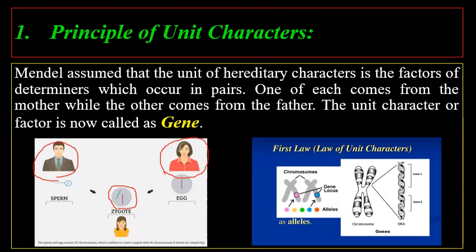The unit character or factor is called a gene. Regarding the gene, we have seen in basic terminologies that a gene is a DNA sequence which is arranged on the chromosome.